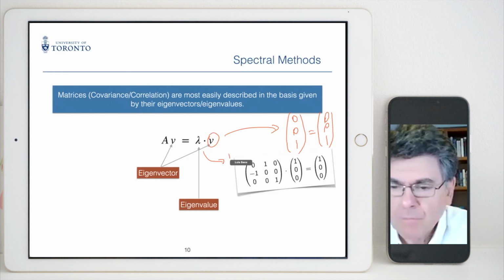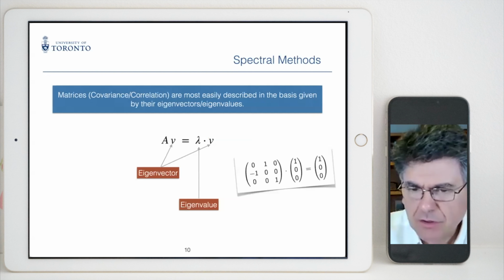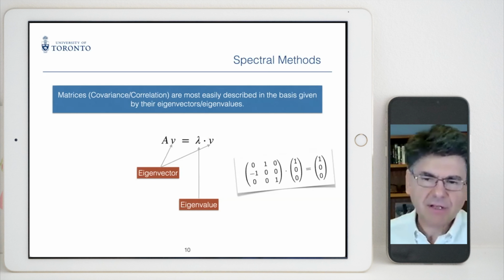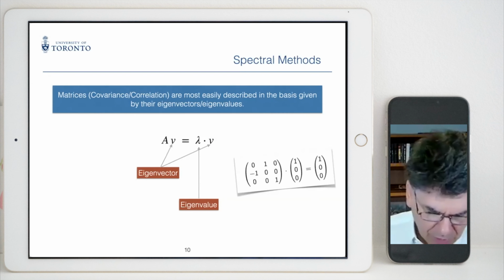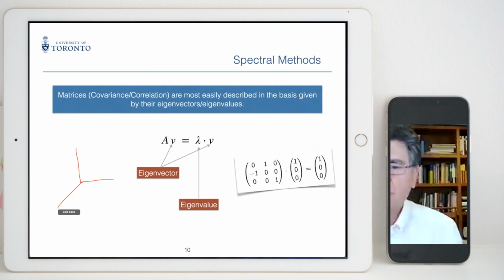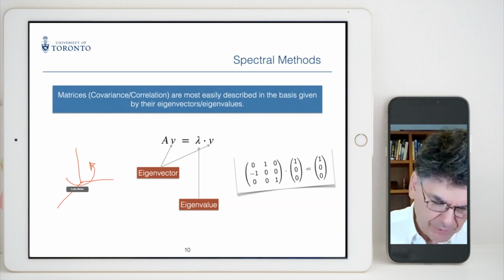Okay, so this is interesting because with the value of eigenvalues and eigenvectors, we can get an idea what this matrix is. Who knows what this matrix is? This is the three-dimensional space. This matrix is a rotation of 90 degrees around the z-axis.